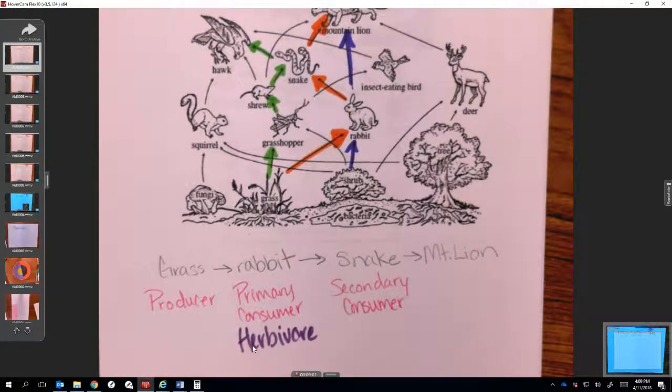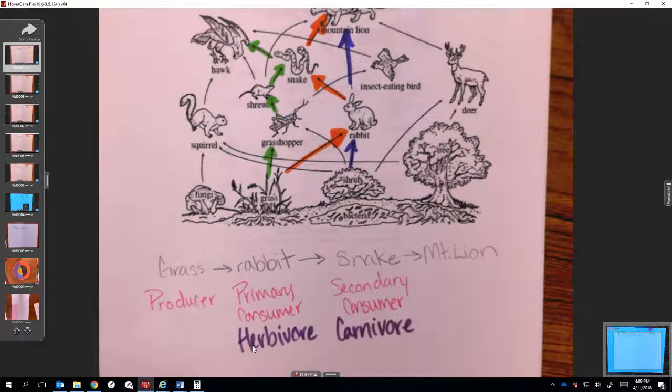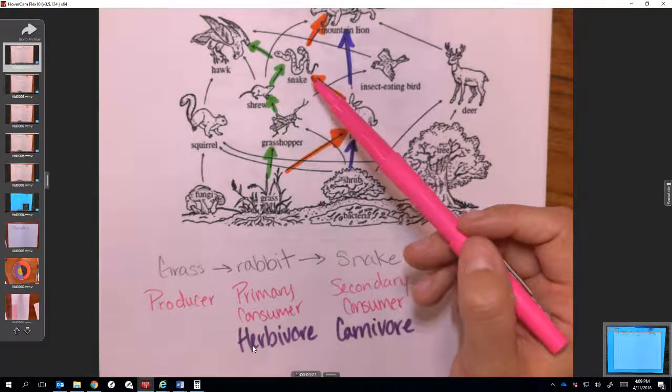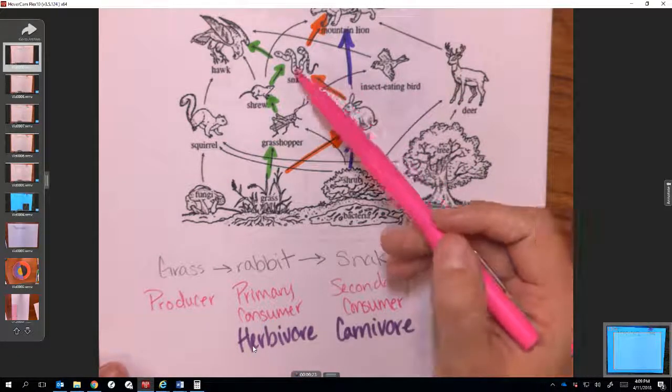Consumers must eat to gain energy. And we call this snake a carnivore, since it's only eating animals. If it were eating plants, we would call it something different. So now that we have this snake as our second level, or our secondary consumer, we go to the mountain lion.